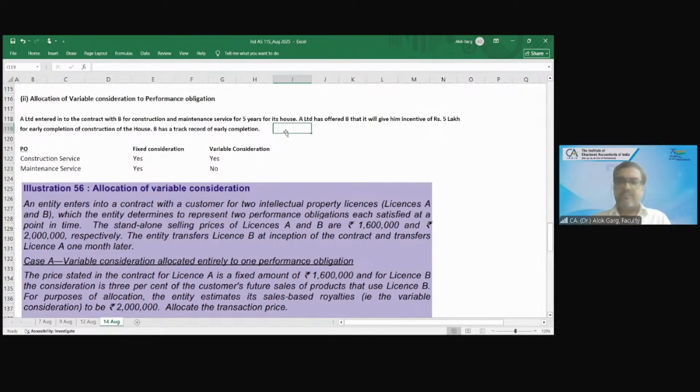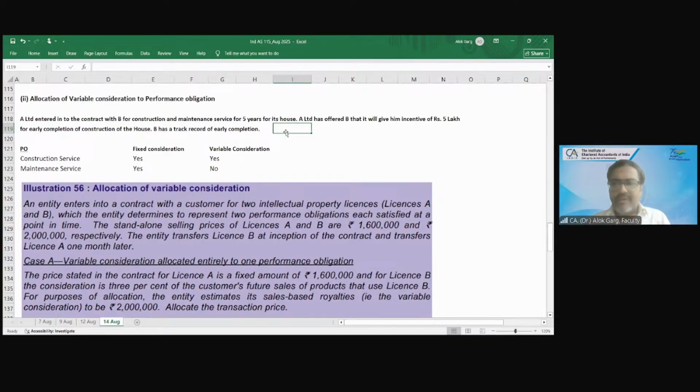Two, sir. One construction and one maintenance. Very good. 2 performance obligations. Construction of a house is a different performance obligation, distinct from the maintenance, right? So maintenance is not dependent on the construction. So basically it is separate, distinct goods and services at an individual level and in the context of the contract also.